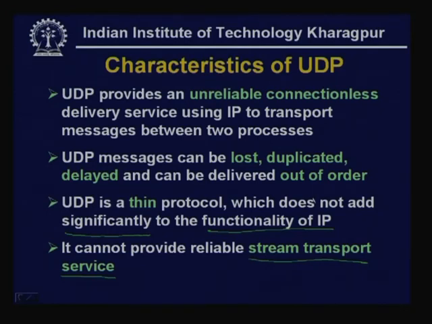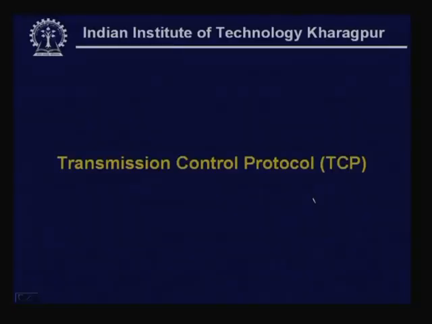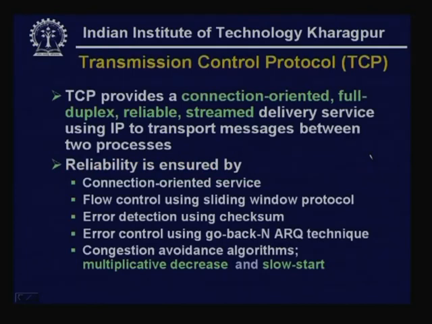And for many applications, reliable communication is the key, or is very important. So, in such a case we have to use another protocol which is known as transmission control protocol, or TCP. So, TCP provides a connection oriented, full duplex, reliable stream delivery service using IP to transport messages between two processes.